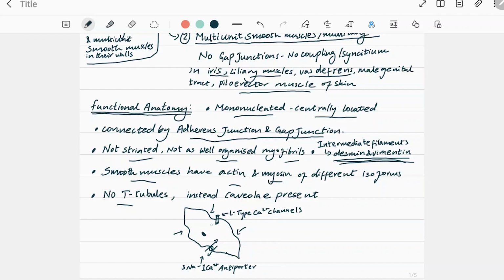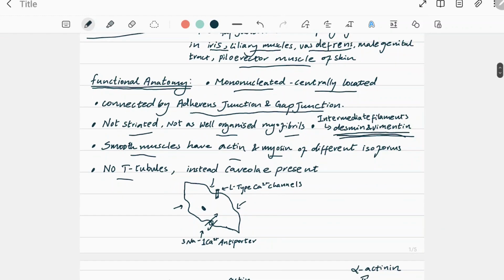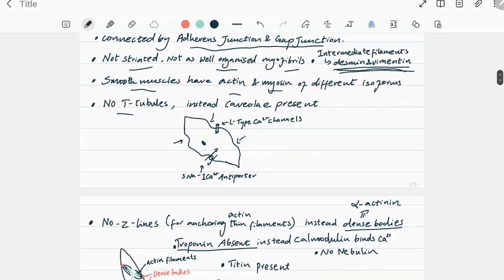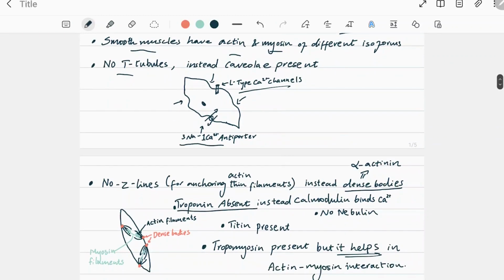So they are sort of analogous to T tubules, with the calcium channels located there, those dihydropyridine receptors like in the cardiac muscles, but they're not T tubules. They are caveolae. They're small depressions present on the smooth muscle surface, and you have the L-type calcium channels, and the 3-sodium 1-calcium antiporter, which tend to be located especially in these caveolae.